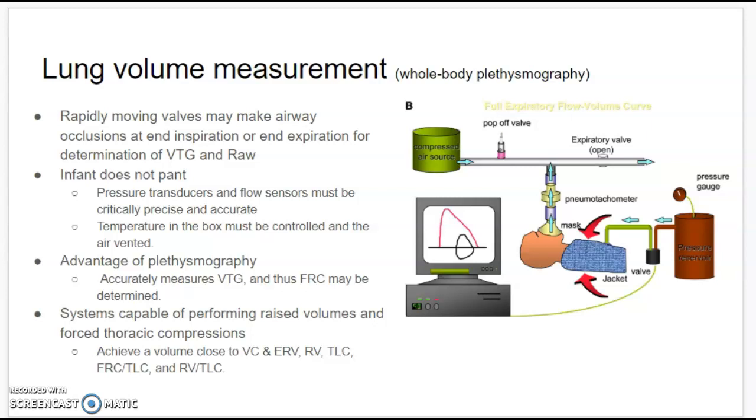What this is they increase the volume in the patient's lungs by delivering pressure into the mask, and then they have a bladder or like a vest around the patient's thorax, and it then compresses the thorax, and then the device is monitoring the expiratory flow rates and the volumes captured, and so we can get pretty close to a vital capacity measurement as well as obtaining other flow rates and other lung volumes. Not all systems can do that though.